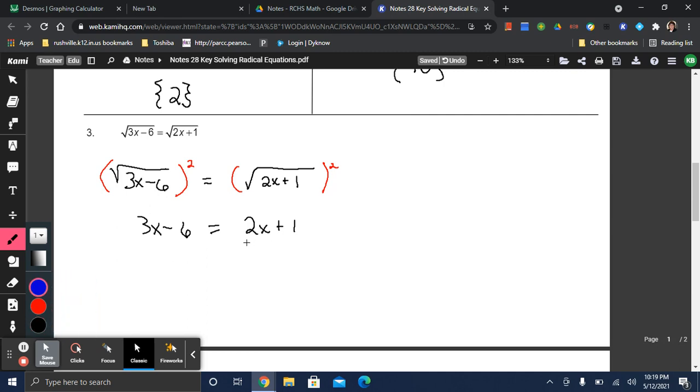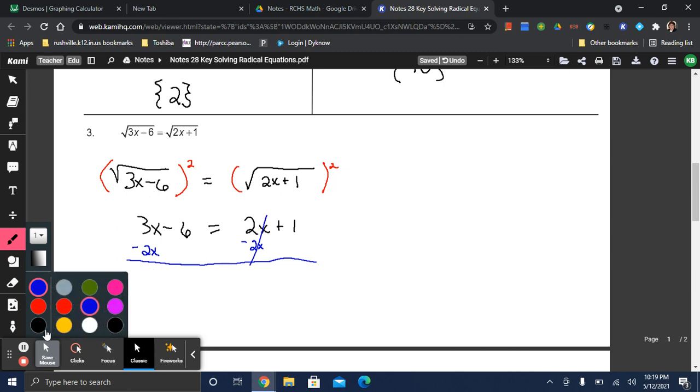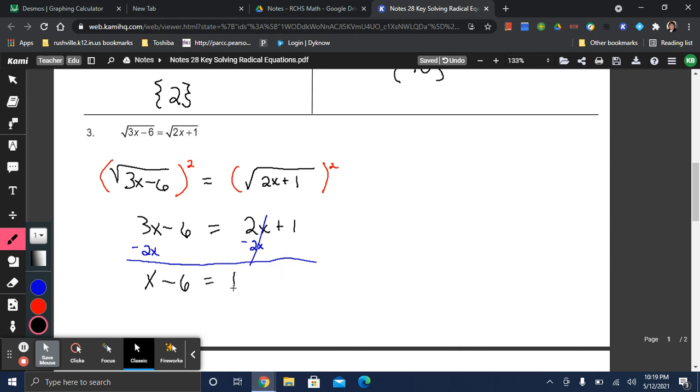So on this, we'll need to get the x's on the left. We're going to minus 2x from both sides of the equal sign. So 3x minus 2x, which would be x, minus 6, which would equal 1.